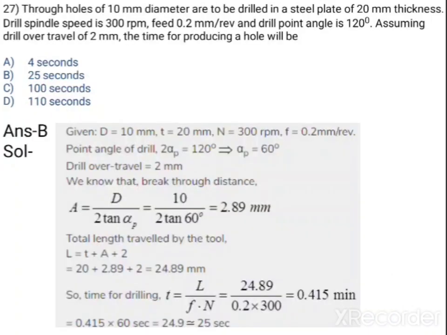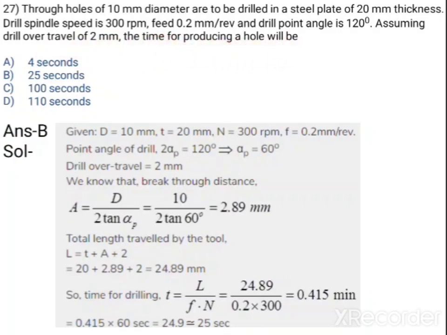Now question number 27. Through holes of 10 diameter are to be drilled in a steel plate of 20 thickness. Drill spindle speed is 300 rpm, feed is 0.2 per revolution, and drill point angle is 120 degrees. Assuming drill over travel of 2, the time for producing a hole will be.